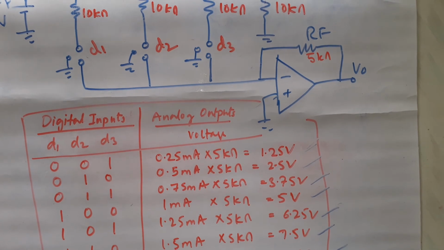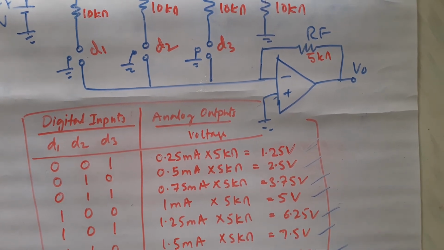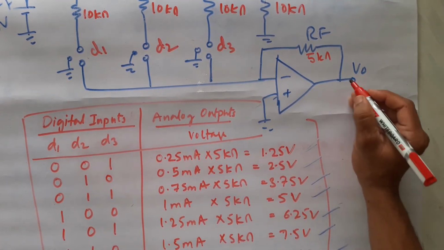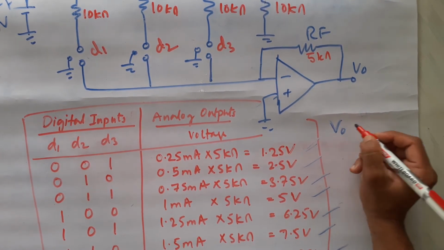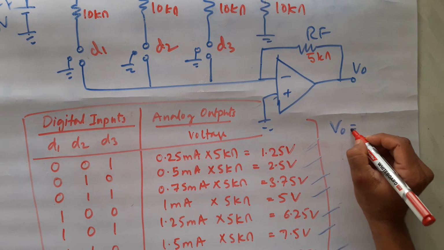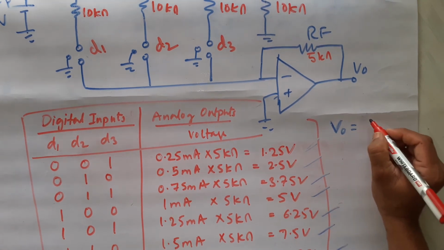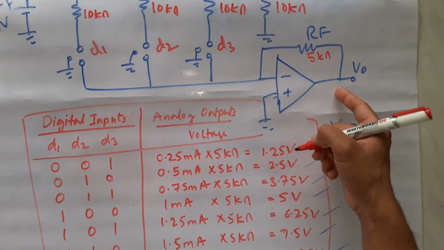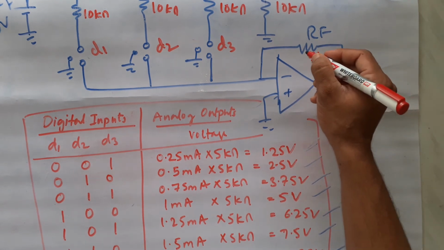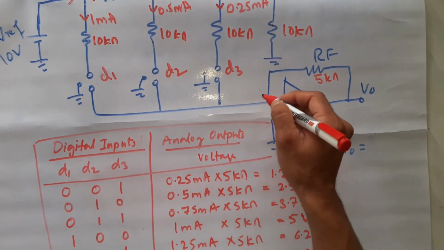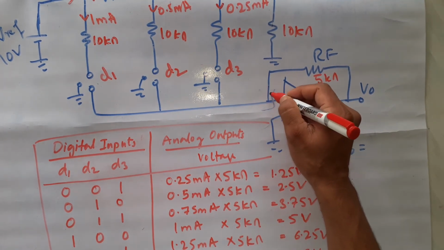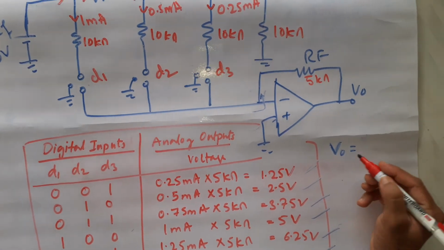Now see this circuit. How do we write V0? V0 is given by this I reference, which will come here and flow like this through your RF.